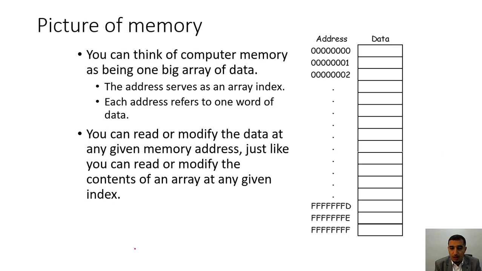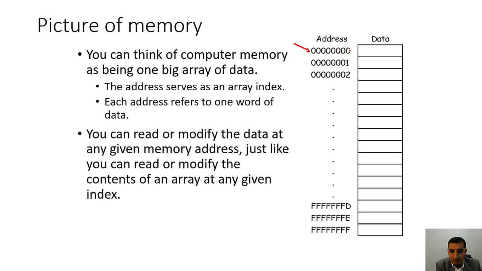So this is a picture of how the memory is built. You can see here we have an address and here is the data. The size of the address bus is 1, 2, 3, 4, 5, 6, 7, 8, so the memory has 2 to the power 8 locations, but you can see here it's running in hexadecimal.